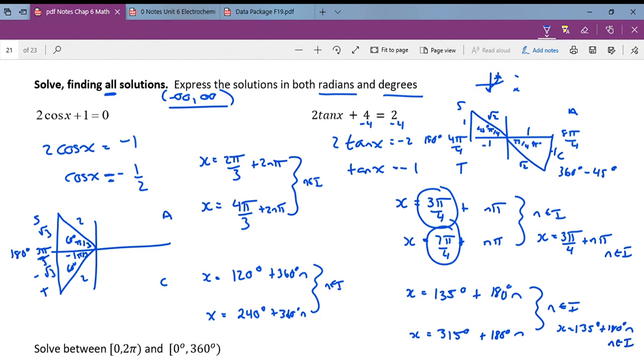If you want to push yourself a little bit as an extension, please feel free to just give the one answer for tan because it happens every pi. In other words, from this answer here, if you add pi, you're getting to this answer here. If you don't and you just want to keep things really simplified and really the same all the time, take your two answers and add 2n pi. It does work. It's just not a simplified answer.